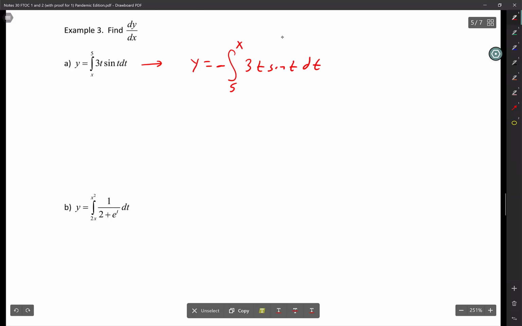Now I'm ready. I'm going to take the derivative. I write y prime, leave the negative alone on the outside. On the inside, whatever has a t, put an x. 3x sine x. Done. Actually, you don't even need parentheses, but I wrote parentheses in there, so too bad. And that's it. You're done.